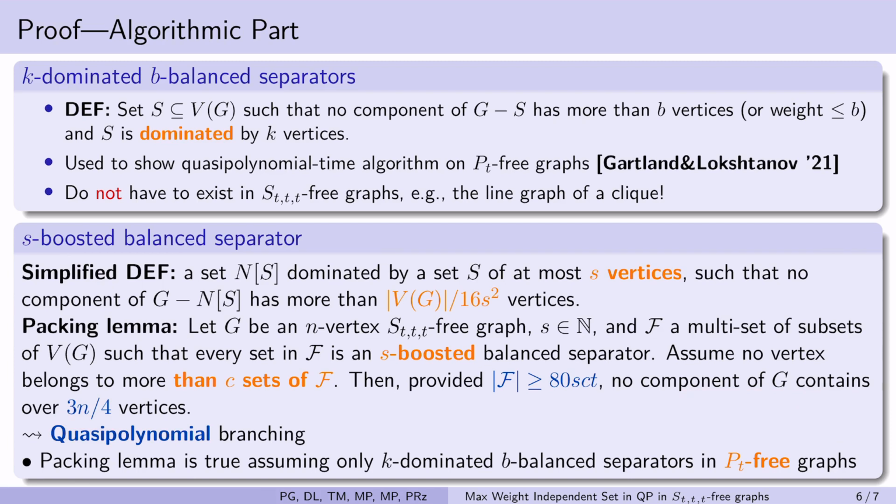So then we say that actually G has small components, and it's good for quasi-polynomial branching.